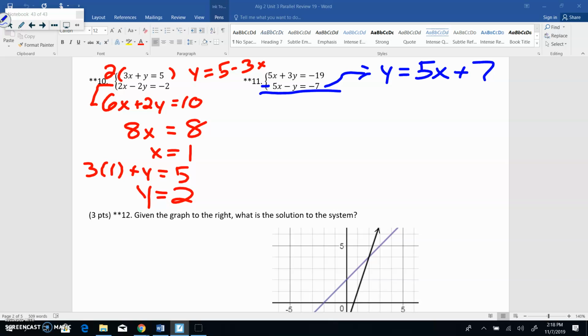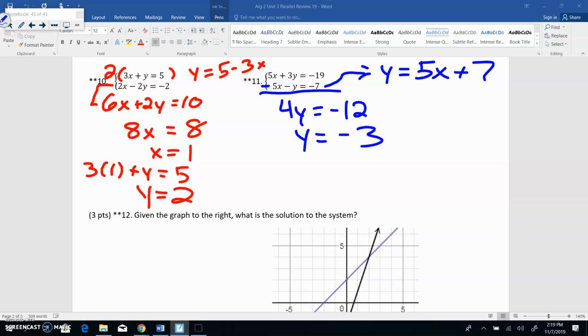So 3y minus negative y is really 3y plus y. So that's going to give me 4y. All right. Then I have negative 19 minus negative 7, which again is really negative 19 plus 7. So they're opposite signs. This is going to end up giving me negative 12. Okay. So divide by 4 to get your y, which is negative 3.